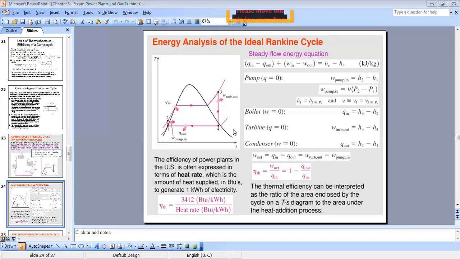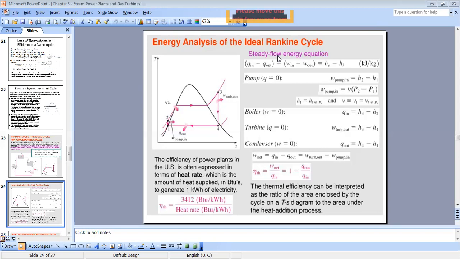So here also the equation of efficiency is the same. It's W net over Q in. And if you do the analysis, because it's a closed cycle, the sum of Q is equal to the sum of W. So you end up with a formula very close to the Carnot cycle: the efficiency is W net over Q in, which is 1 minus Q out over Q in.